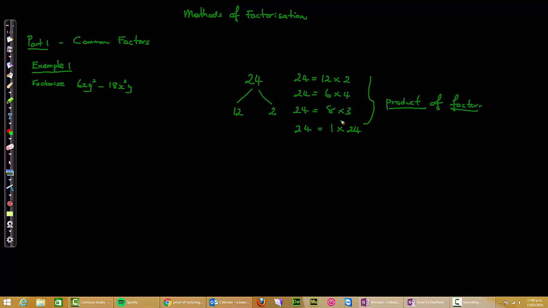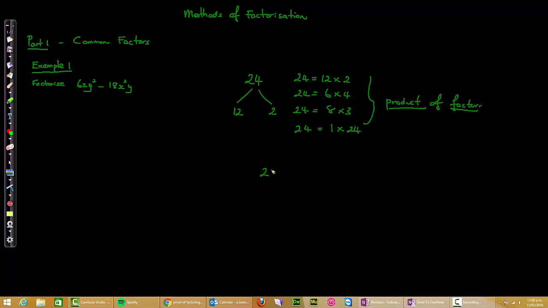Now, maybe I'm assuming you understand what factor means. Well, factor has quite a definite, precise meaning. If you look at 24 again and you take any of these numbers, 1, 3, 8, 4, 6, 2 and 12, all of those numbers go into 24 evenly with no remainder.